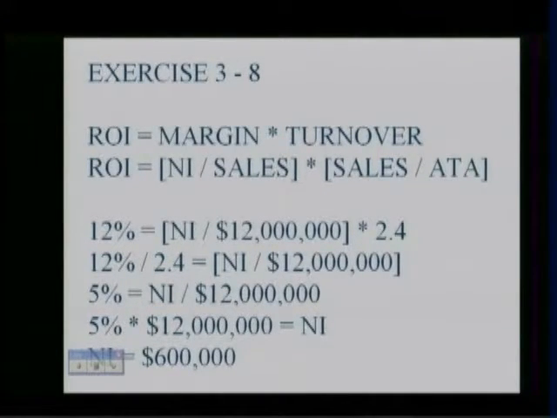They don't give you that figure, but they do give you sales as 12 million. They don't give you the numbers for average total assets, but they tell you that your turnover is 2.4. So using your formula, you can set 12% equal to net income divided by 12 million times 2.4, and you can figure out what your net income is going to be, crunching through there. Your net income is going to be $600,000.